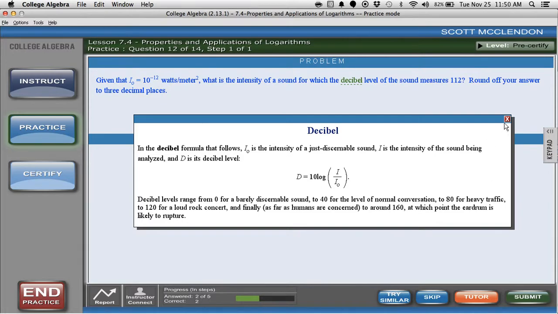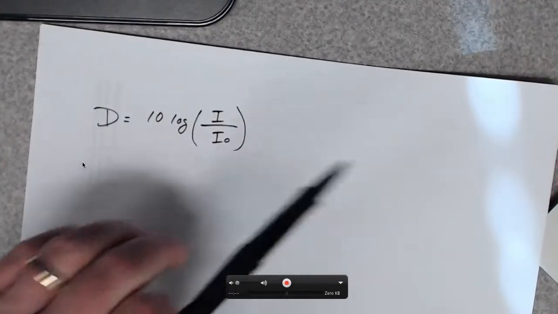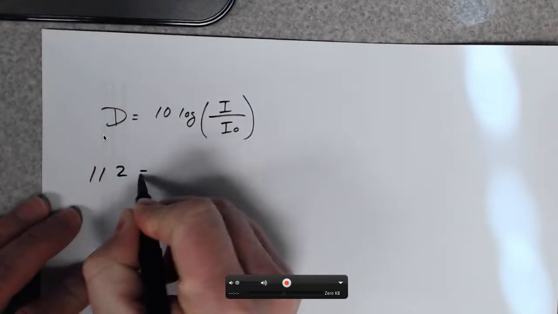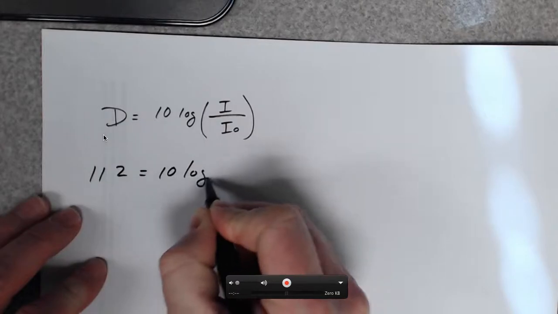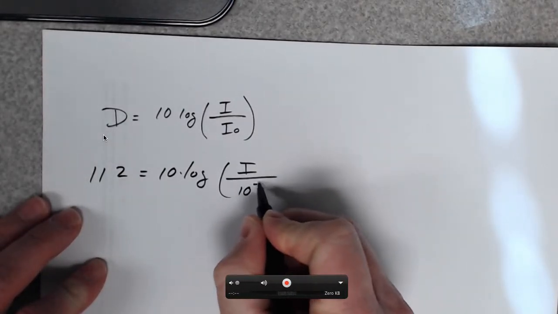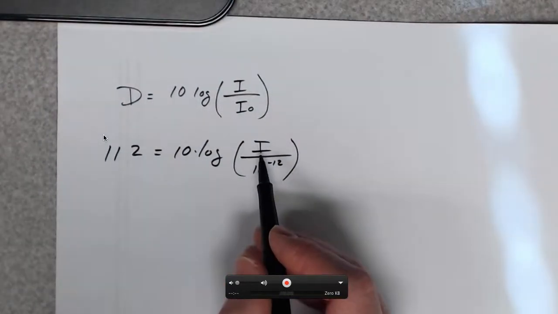So let's see if we can't figure this out. Given that I sub 0 is 10 to the negative 12, what's the intensity of sound for which the decibel level measures 112? So what they're giving me then is this D value is 112. 10 times the log, and they told me this was 10 to the negative 12. So I need to solve for I here.